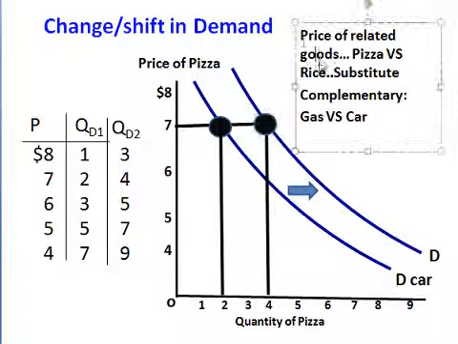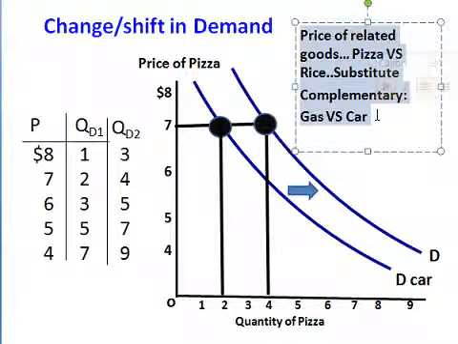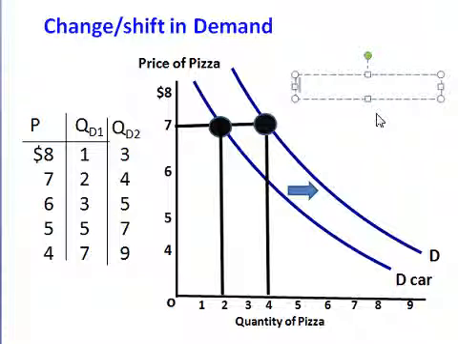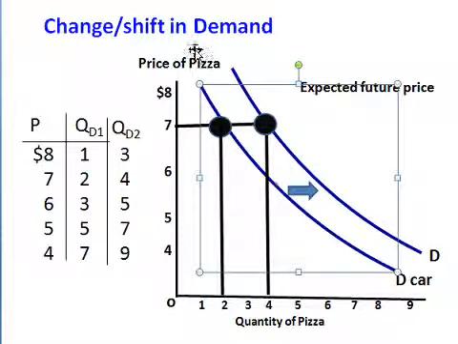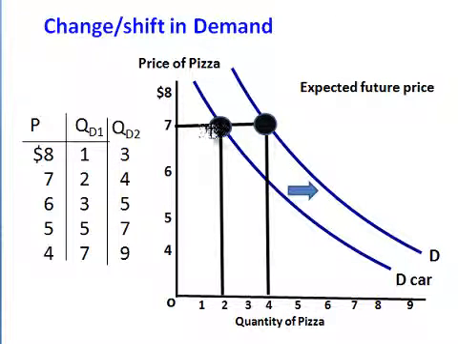Okay, and we can say some more factors that can influence the buyer to buy a product. Expected future price. Suppose this one is the demand for car. Suppose we are on this line.